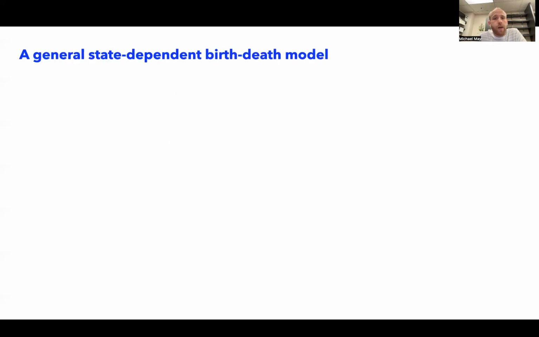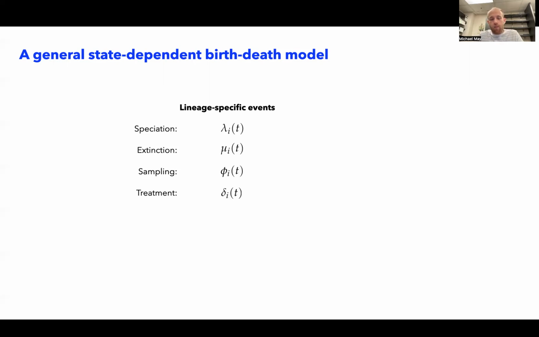and we wanted it to be fast. A general state-dependent birth-death model includes lineage-specific events. This is when an individual lineage speciates or goes extinct or is sampled or is treated. Treatment is an epidemiological event where a lineage is sampled and removed from circulation. All of these parameters can vary with the state, according to the subscript, as well as with time.